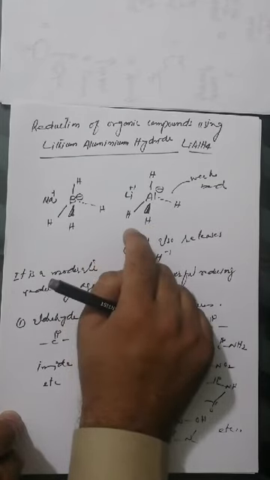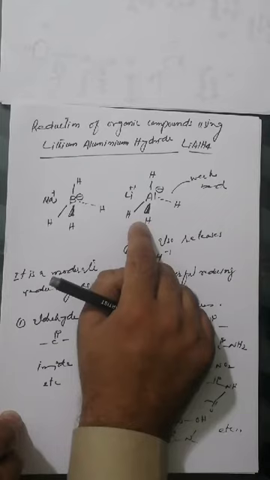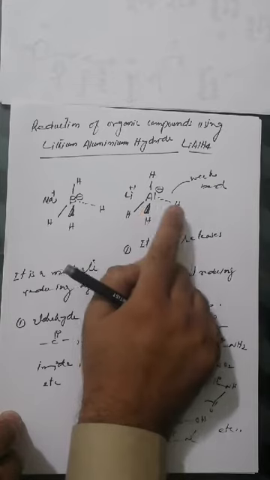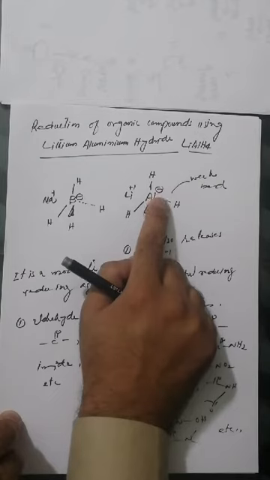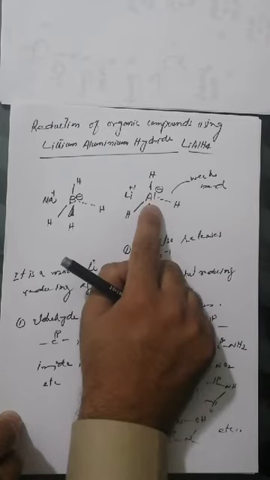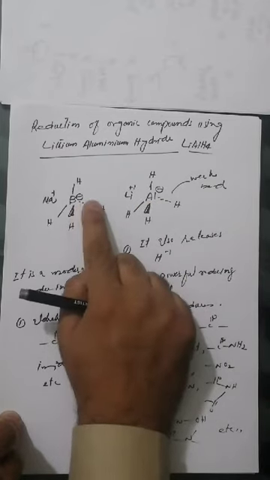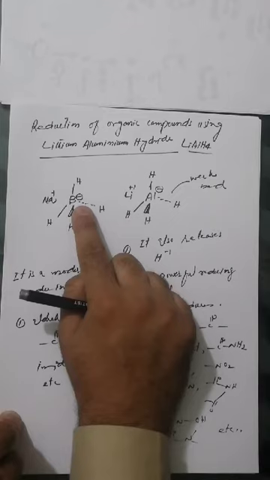Whenever someone asks you why lithium aluminum hydride has more reducing power, you will say that because the Al-H bond is relatively weak, because aluminum is electropositive. It normally doesn't have the ability to accommodate a negative charge. Electropositive elements don't like to have the negative charge on them, while electronegative elements like to have the negative charge on them.